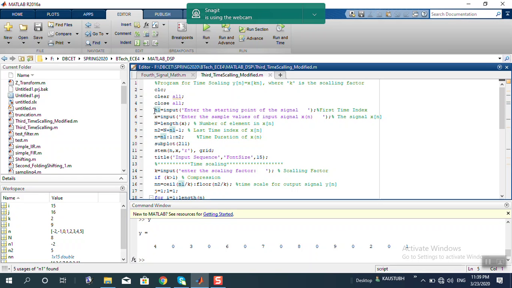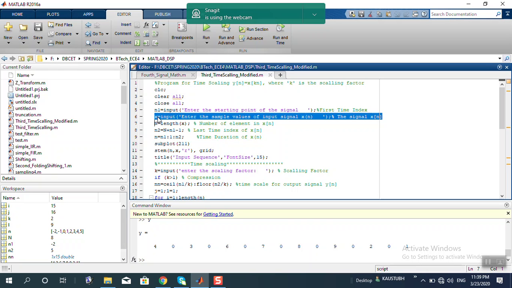Next is to start with any signal. Always it is important to get the first time index or the starting time index of the signal. So here this input will prompt to get the first time index of the signal.